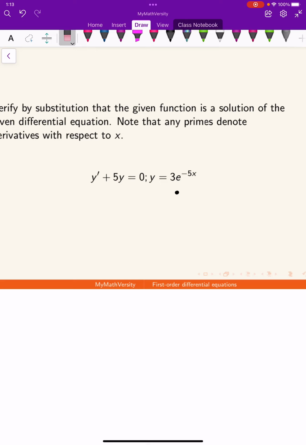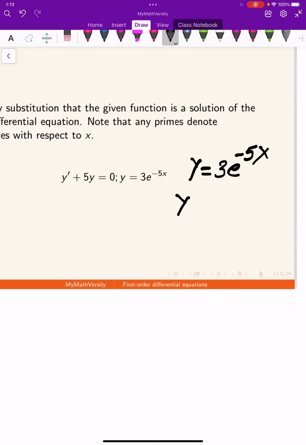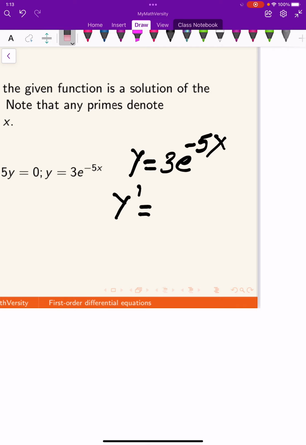So let's do that then. We have given y equal to 3 times e to the power negative 5x, so just find y prime from there. To find that, we just need to find the derivative of 3 times e to the power minus 5x with respect to x.